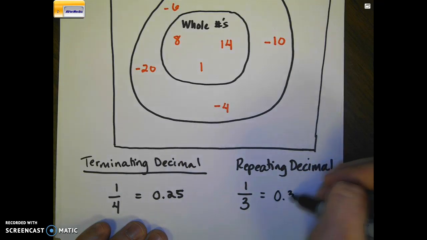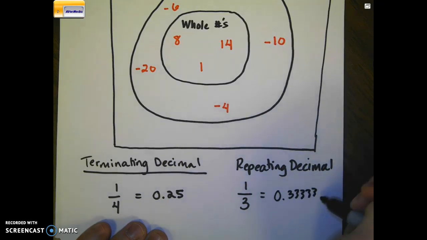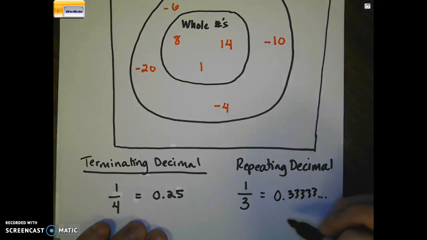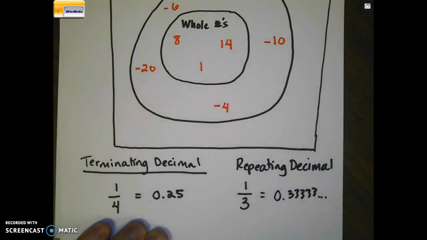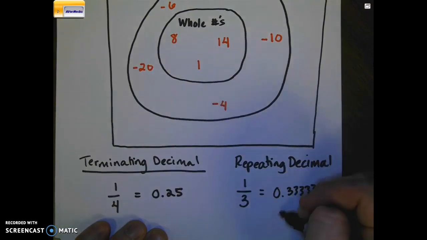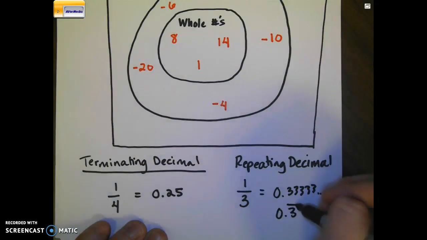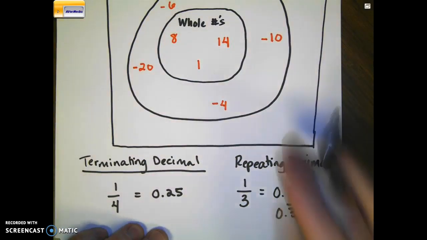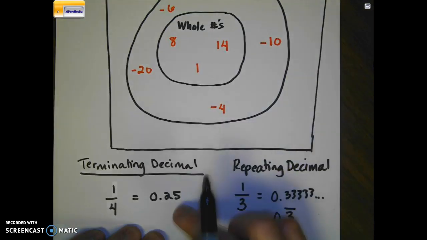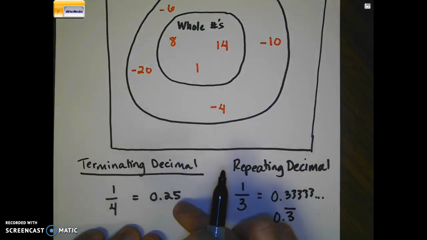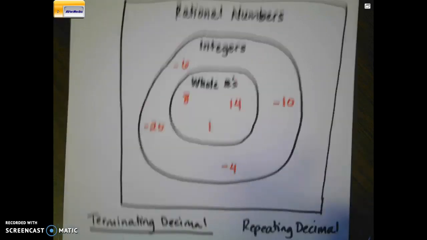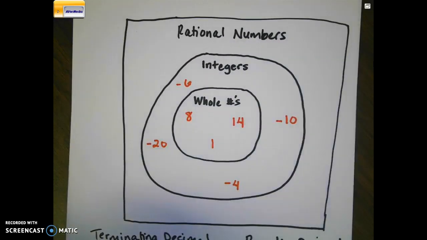So look, this keeps going on and on and on. That's a repeating decimal. Now, for the repeating decimal, we use the bar notation. Any number that you can make into a fraction, that can turn into a terminating decimal or repeating decimal, you can make it into a simple fraction, is a rational number.